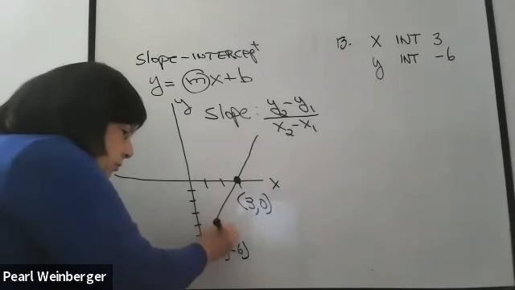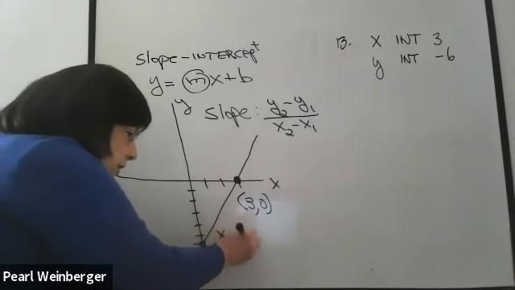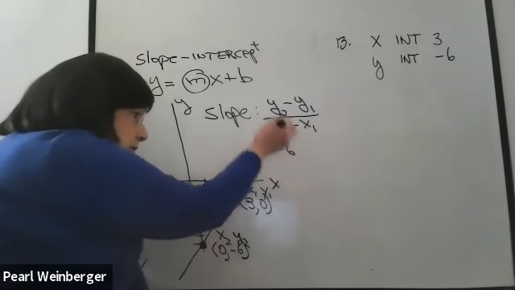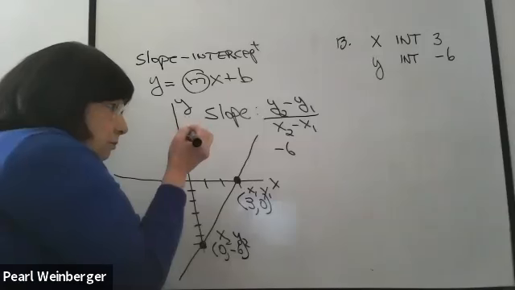Y2 is -6. Okay, this was your x2 and your y2. Yes. Your x1 and your y1. Okay, so that -6 minus 0, over 0 minus 3.